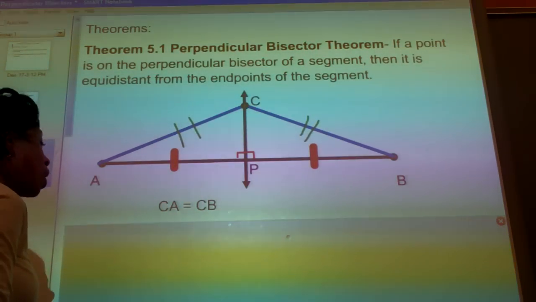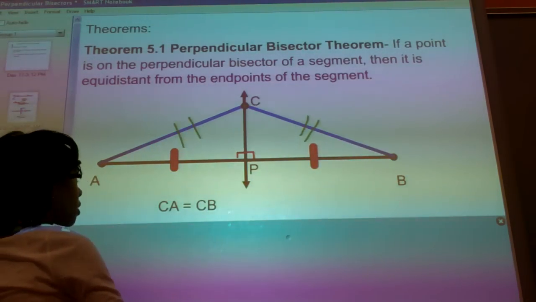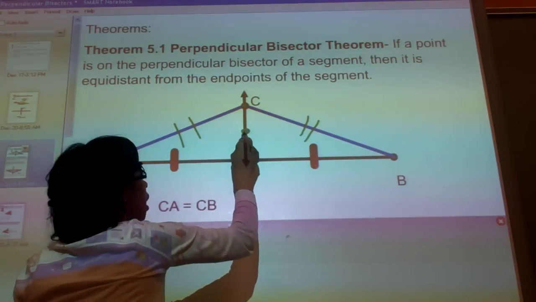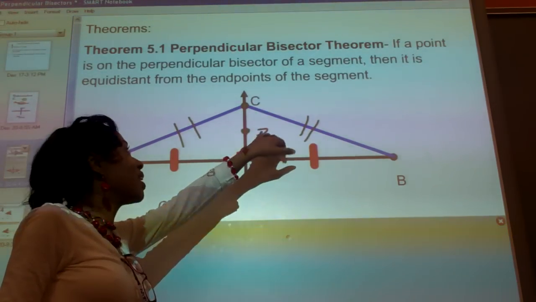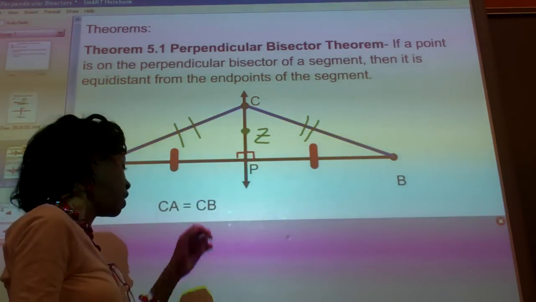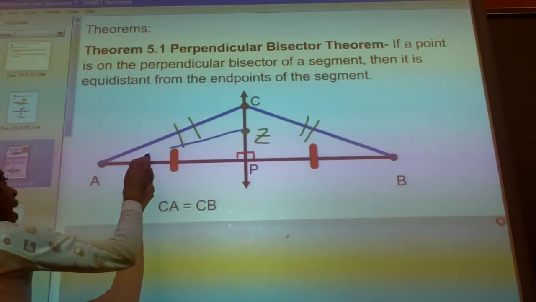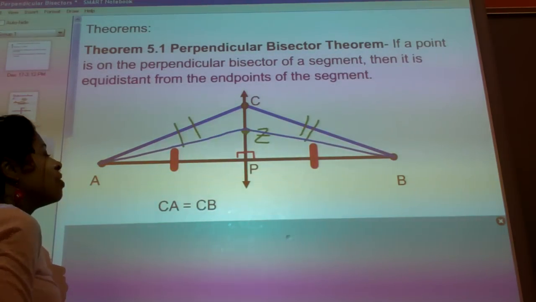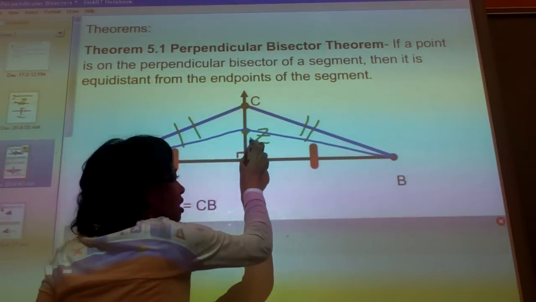I can take any point. Let's say I have a brand new point, and I'll call that Z. Because point Z lies on the perpendicular bisector CP, if I drew a new line from point Z over to A or Z over to B, that also means that ZA is congruent to ZB.